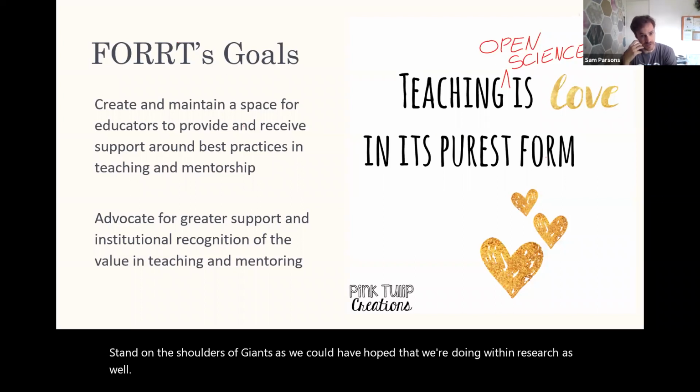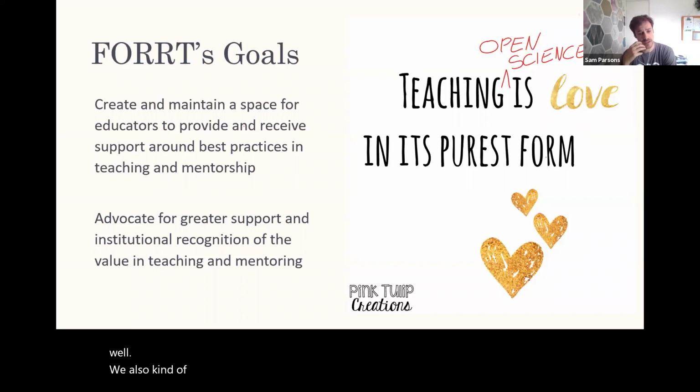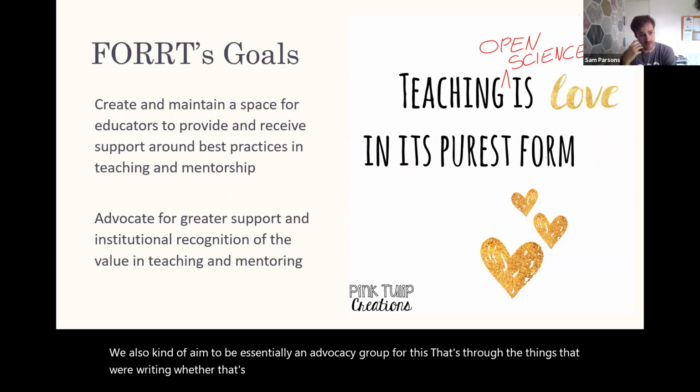We also aim to be essentially an advocacy group for this, whether that's through the things that we're writing, or through ensuring that this platform is there to support teachers.